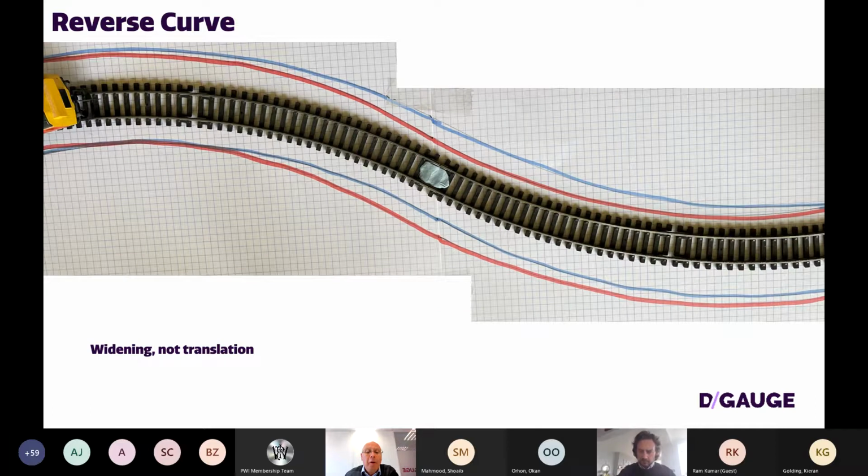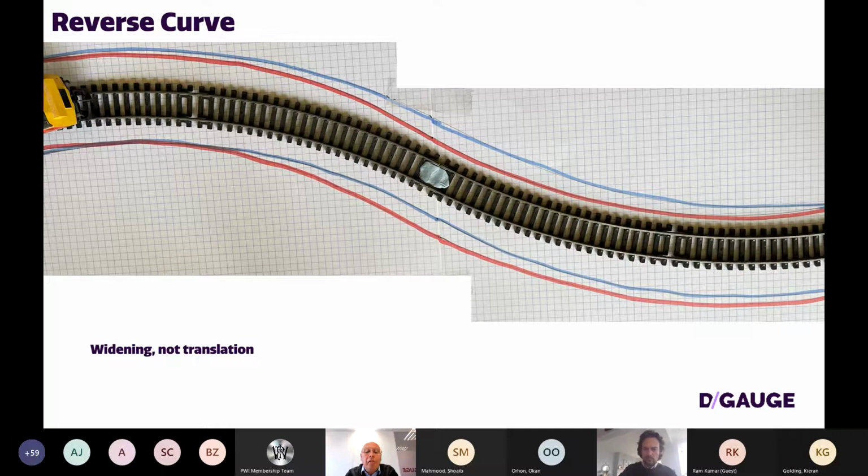And what we have here is that I've run that vehicle through my reverse curve. We can see that there are two lines traced out. The red line is what's traced out by the front end of the vehicle, and the blue line is traced out by the rear end of the vehicle. Now, there's a very interesting thing about this graph.